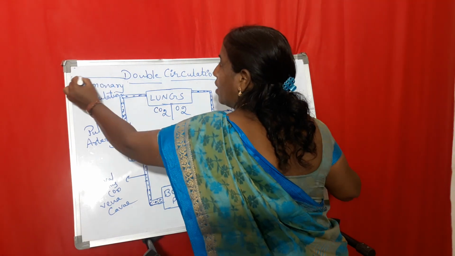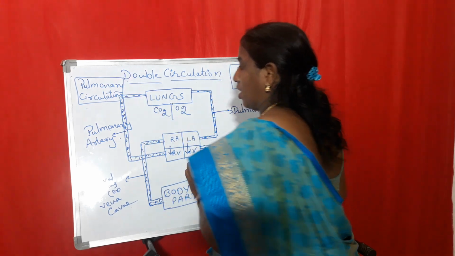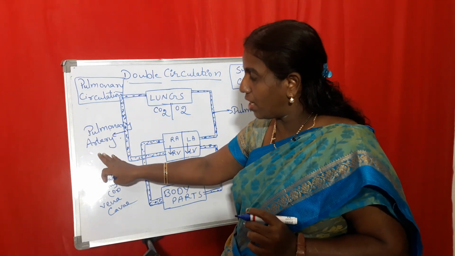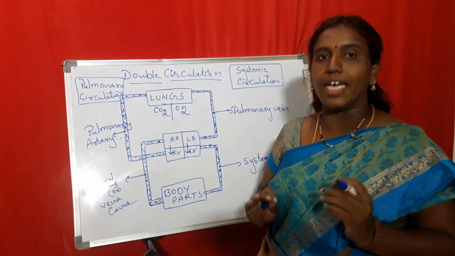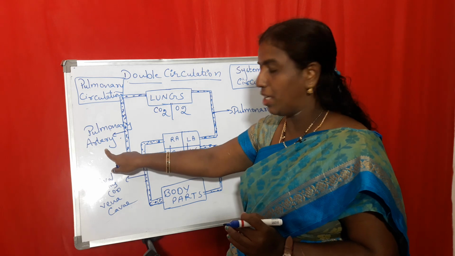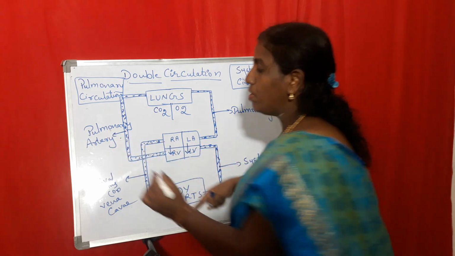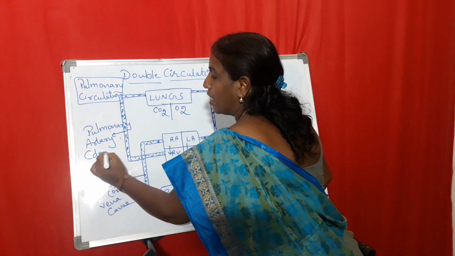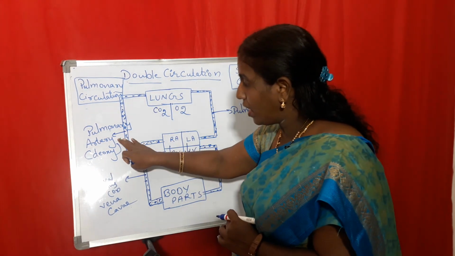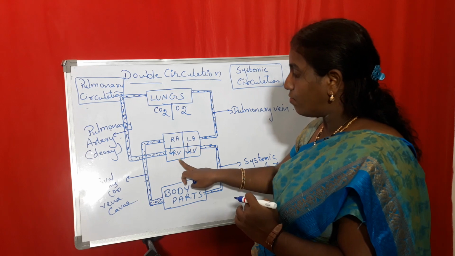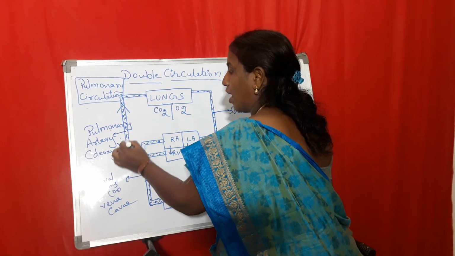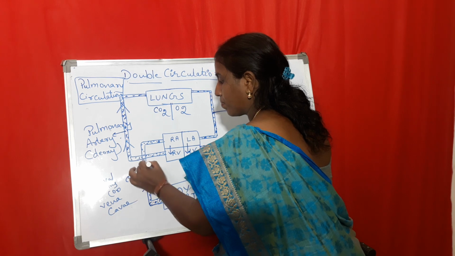Now here in this pulmonary circulation we see pulmonary artery. Actually all arteries carry oxygenated blood except pulmonary artery. Pulmonary artery carries deoxygenated blood. This pulmonary artery carries blood from right ventricle to lungs, so we could put the arrows upwards.